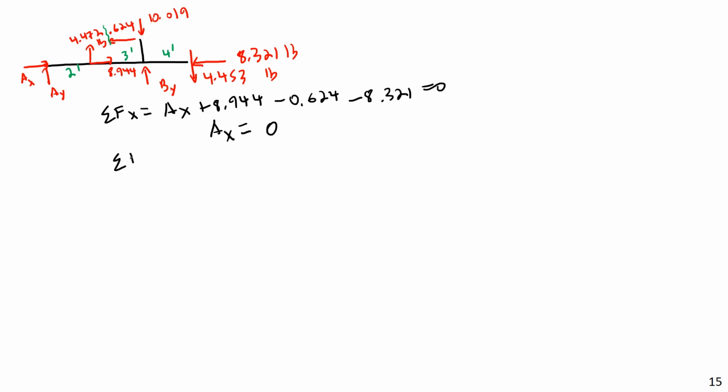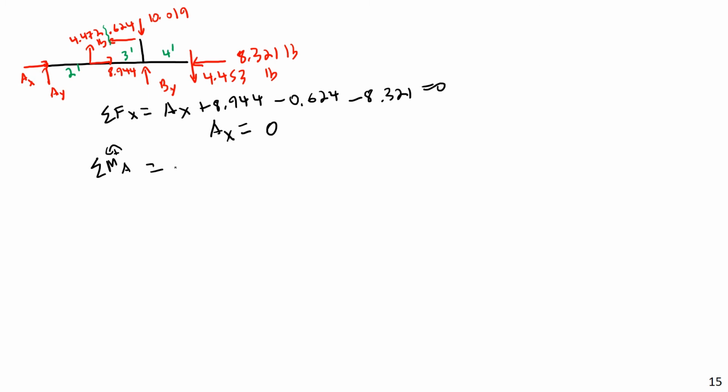Then, let's do the summation of forces in the y direction. Well, actually, I don't want to do that just yet, because I don't want to have BY and AY in the same equation. So summation of moments about A, let's go ahead and do that. This horizontal force won't have a moment there, this one won't have a moment there, AY and AX won't, but BY will.